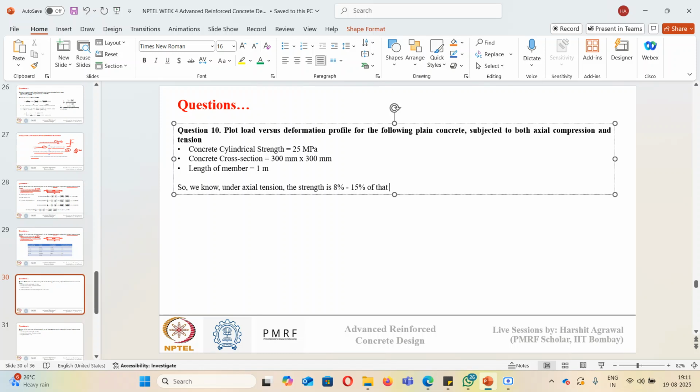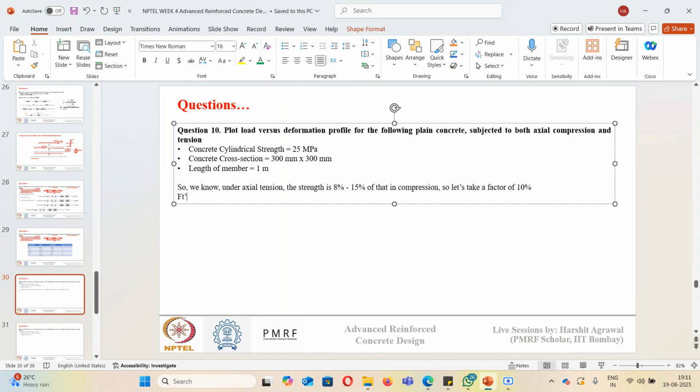That we have seen in past theory. So let's take a factor of 10% for this question. Let's assume 10%. The tensile capacity of concrete is 10% times the compression capacity.